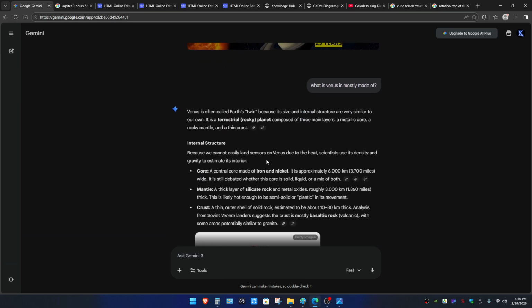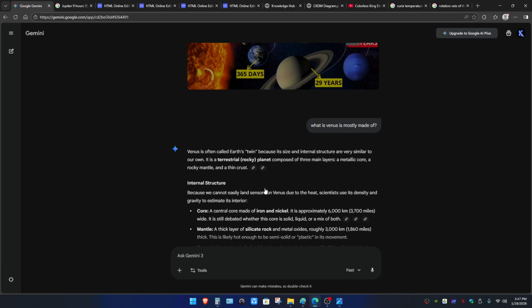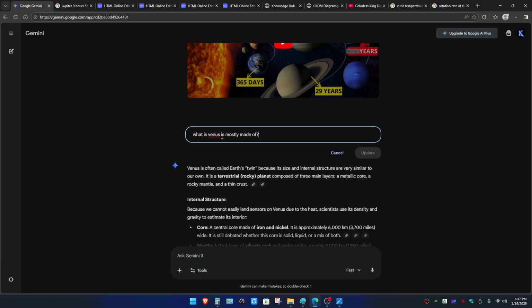So if we ask what Venus is mostly made of: Venus is often called Earth's twin planet because it is similar in size. It is a terrestrial rocky planet composed of a metallic core. Okay, Venus versus Earth material chart.